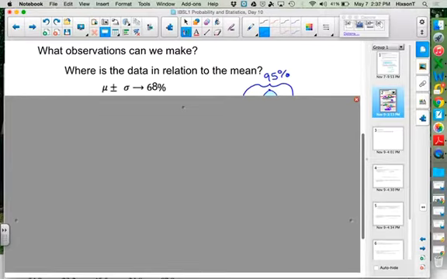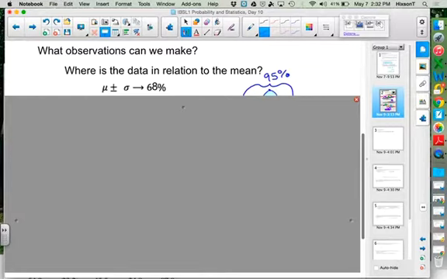Okay? So if I get something that's normally distributed, and I know the mean is 10 and my standard deviation is 2, then if I go 1 below and 1 above, from 8 to 12, I know I have a 68% chance of landing in that interval.